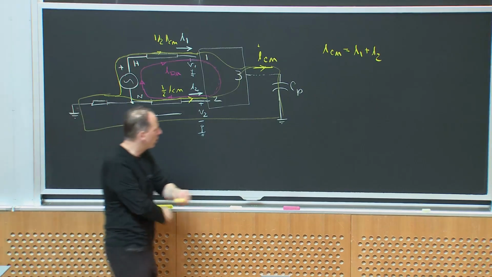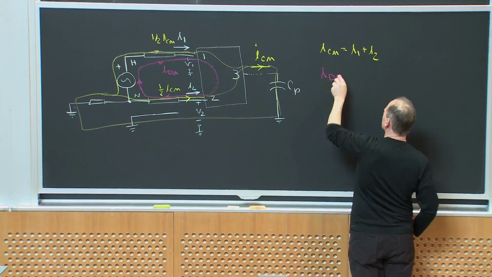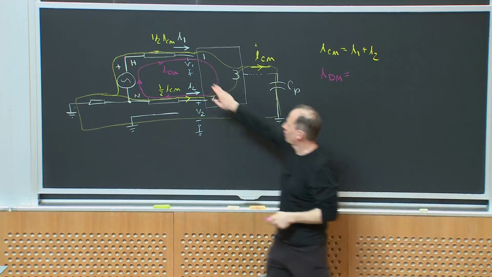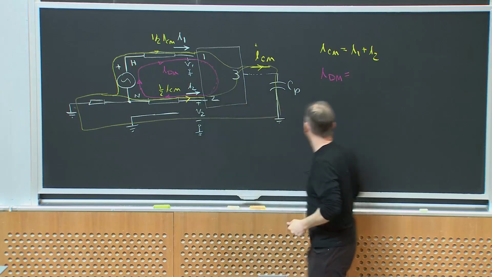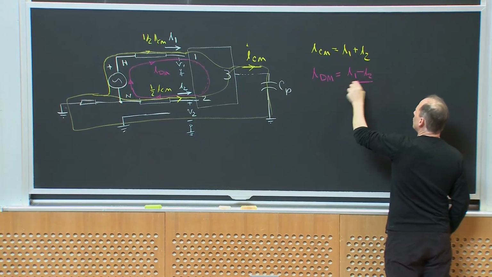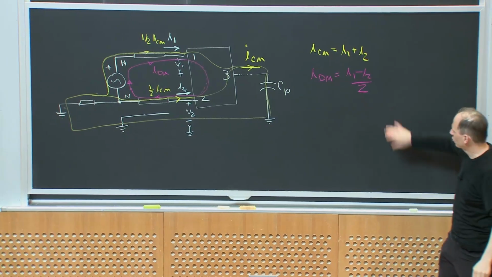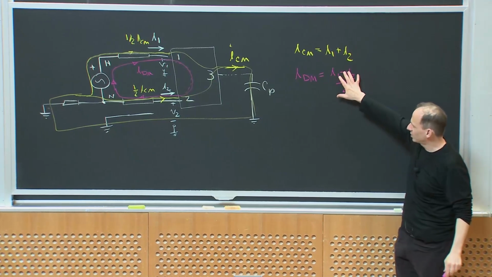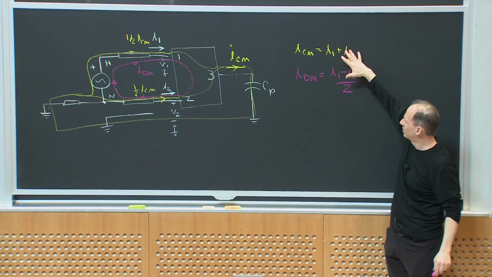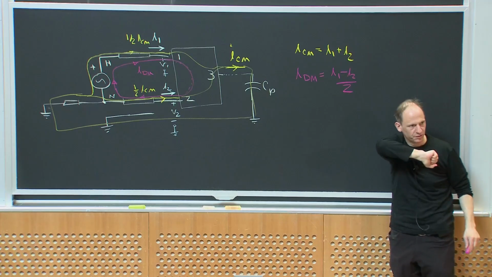The way we tend to define the differential mode current, IDM, is as the average of the currents, so I would call it (I1 minus I2) over 2. The reason I'm emphasizing this is that these are the definitions of the common mode and differential mode components.